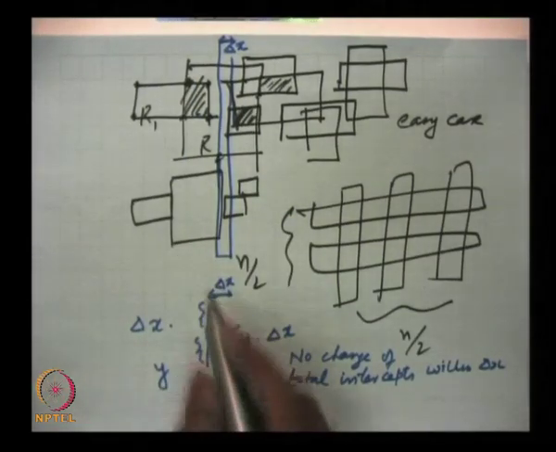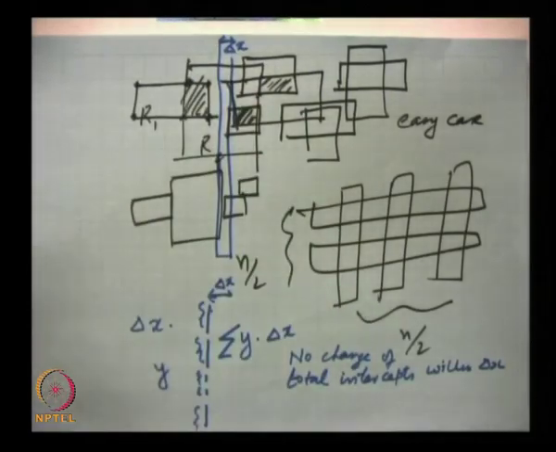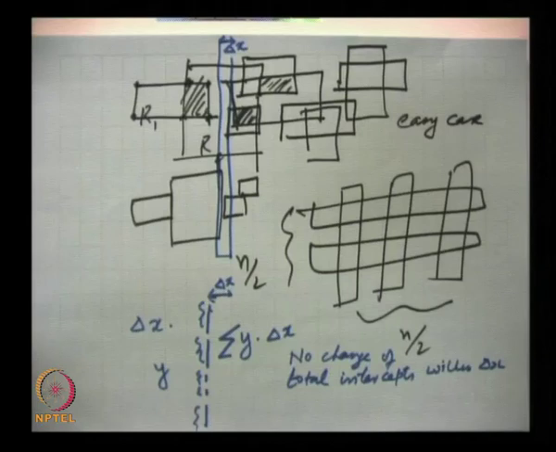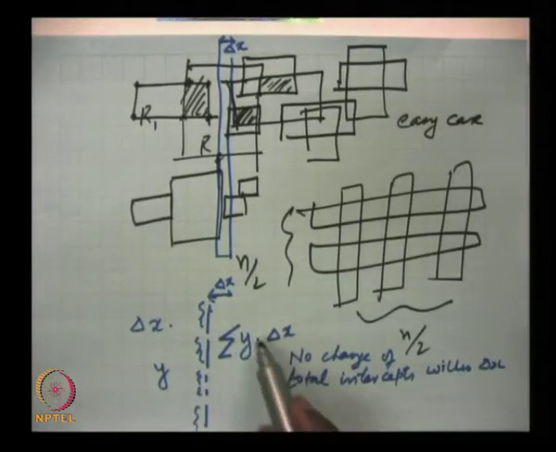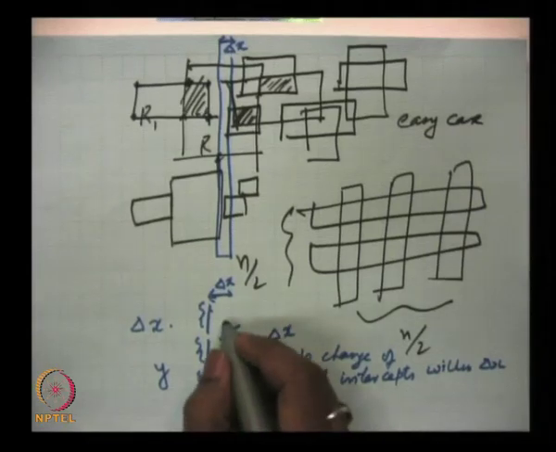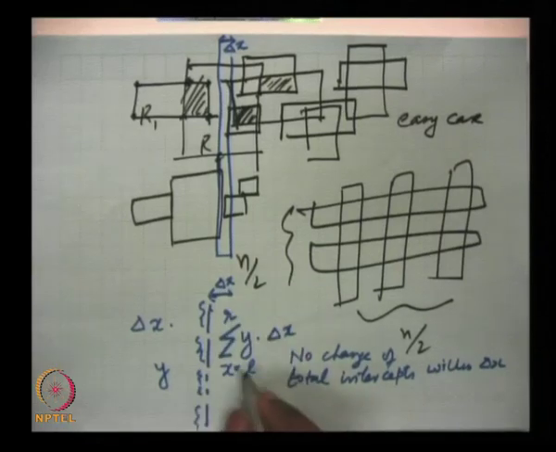So, y is the total intercept of the rectangles with this vertical line, and therefore, this infinitesimal rectangular area would be y times delta x. And so, if you sum it up from x equals the leftmost rectangle, let us call it L, to R, the rightmost, then it is basically the measure of the union of the rectangles, right.